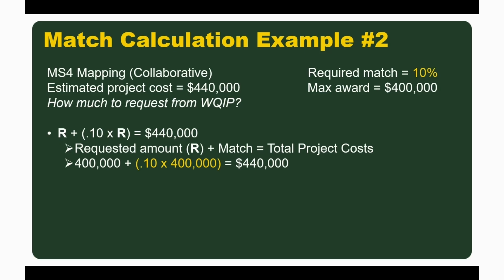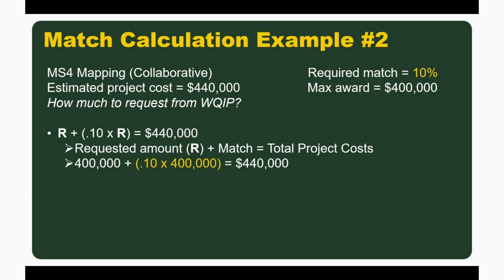A simple algebra equation can be used as noted in the first bullet, where R stands for the requested amount. In the parentheses, we've got the match calculation, match percentage times requested amount. So adding the match value to the requested amount gives you what your total project cost would be.